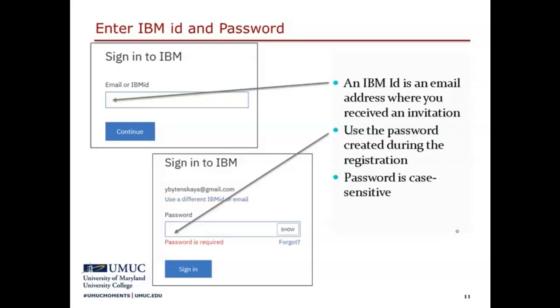And then you follow through the steps, right? You would need to have the email open, the same email that you used for your IBM ID, right? So there is a password reset option. But if at any time you don't remember your IBM ID, you're going to contact me, because I have a tracking for all accounts starting from fall 2016, right?